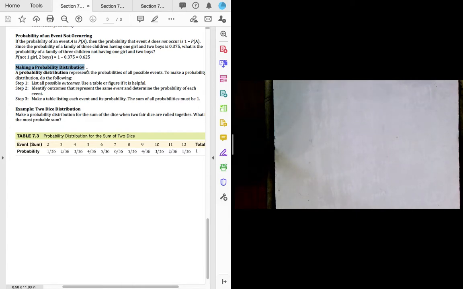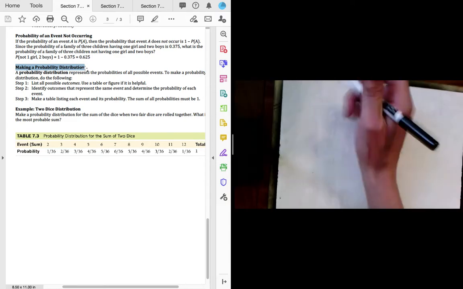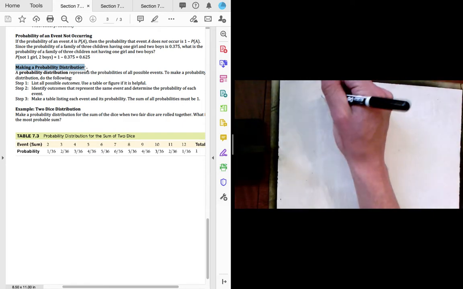So we're going to do a 2 dice distribution. Suppose I have 2 dice and I roll them and I'm interested in what the top 2 numbers are. What I'm going to do for that probability is I'm going to make a chart. And in this chart, I'm going to put the numbers 1 through 6 at the top.